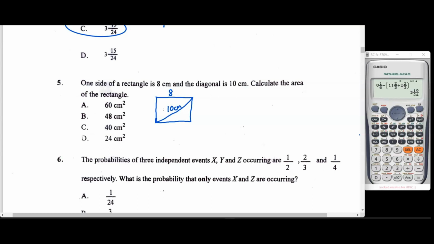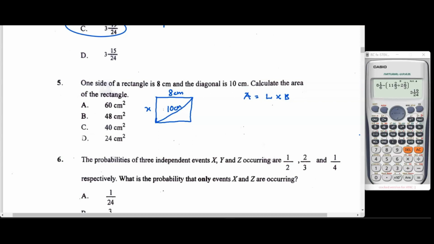Therefore, from this information, we need to get the area of the rectangle. You know, area of a rectangle is length times breadth. But from all indication, we don't know one side of the rectangle. It can be the breadth. So the other side that is not known, let's call it x.